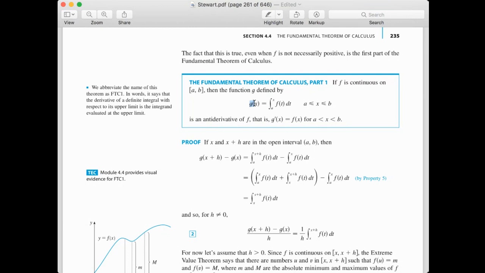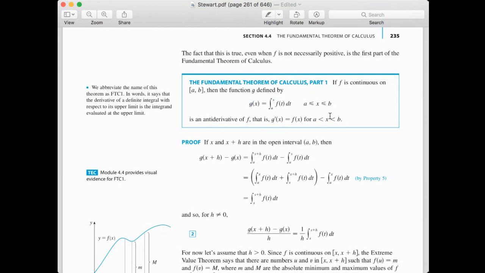Before, we used capital letter F, but in this section they choose to use G. If you want to be consistent with previous sections, you can think of this G as capital letter F, the antiderivative. So the integral of f of t dt is F, and then capital F prime is the integrand.